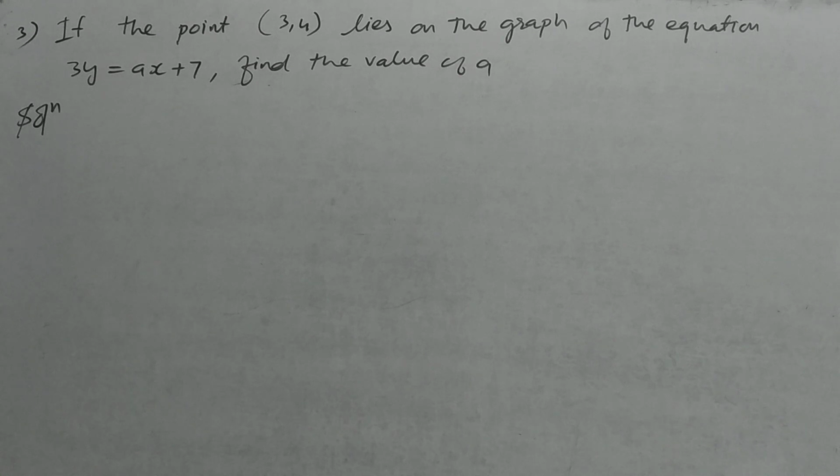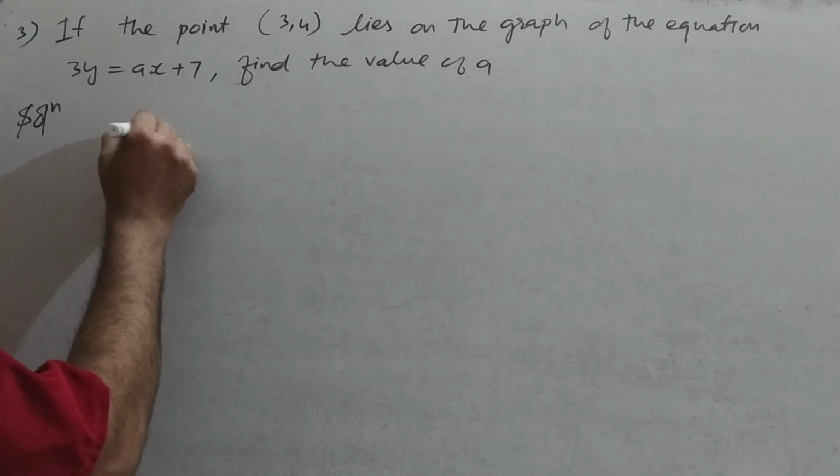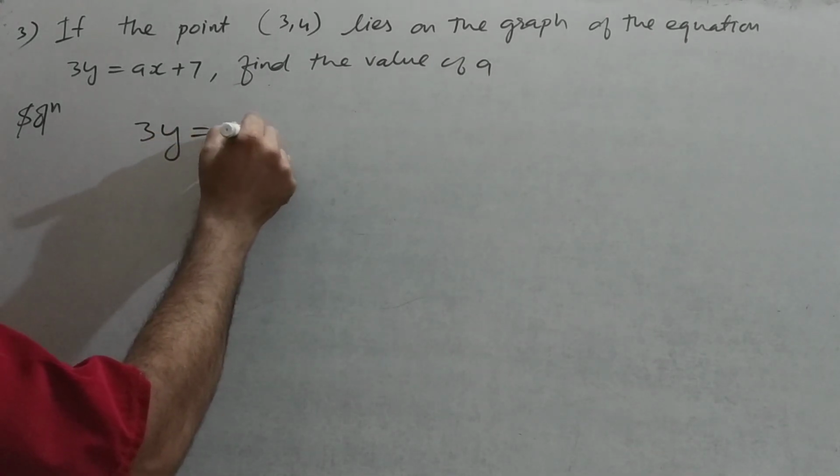Infinite. See, third question is: if the point (3, 4) lies on the graph of the equation 3y = ax + 7, we have to find the value of a. Just in place of x you put 3 and in place of y you put 4. That's it. 3y = ax + 7.